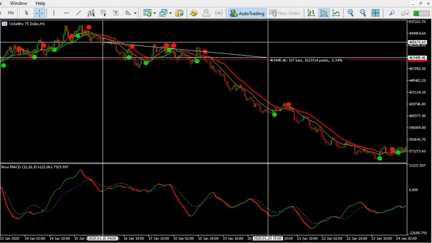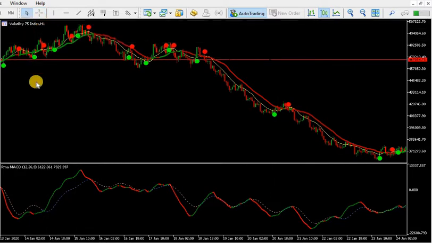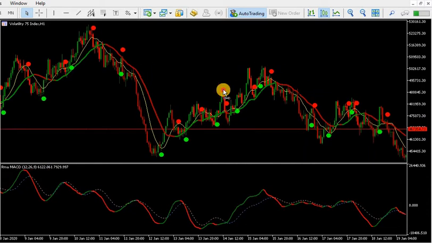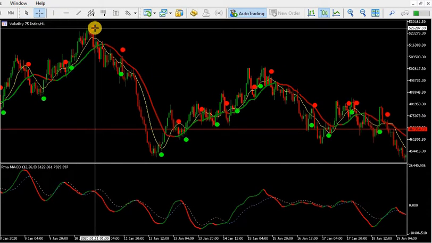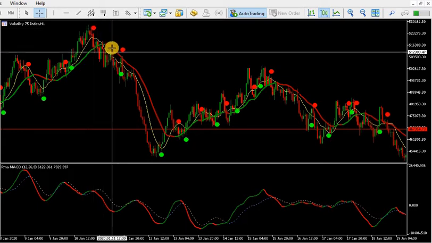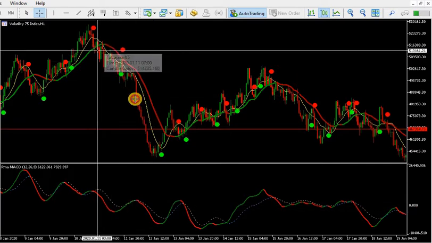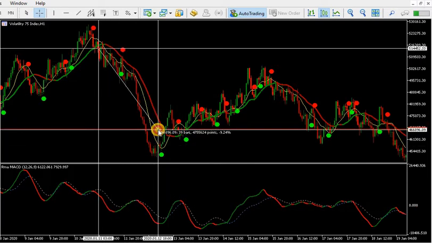This is the power of our system. Look also at this one, very awesome sale signal, red line also going down, and look at these sale pips.